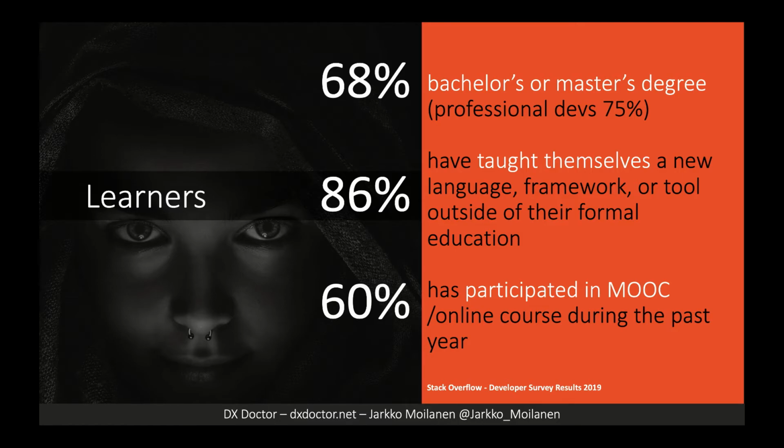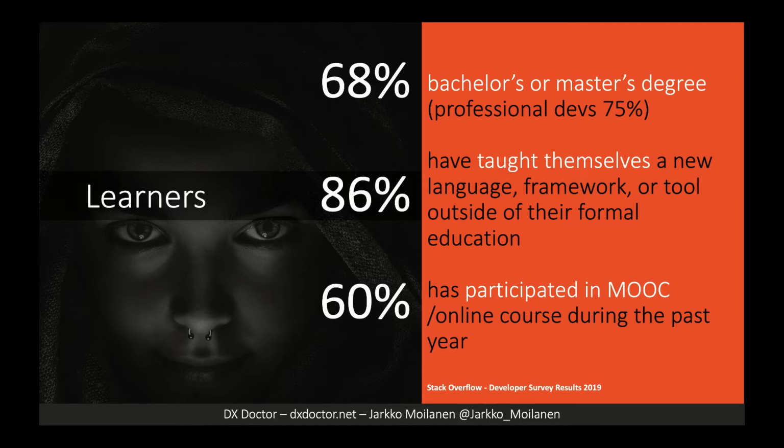So they get a basic education quite often, but 86% of them even say that they have taught themselves a new language, framework, or tool outside their formal education. So basically they are learning new stuff all the time as they come along, because the tools and the frameworks and everything change all the time, so they need to keep up to date.